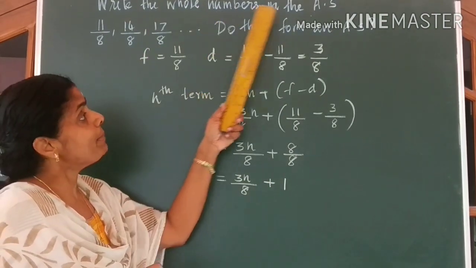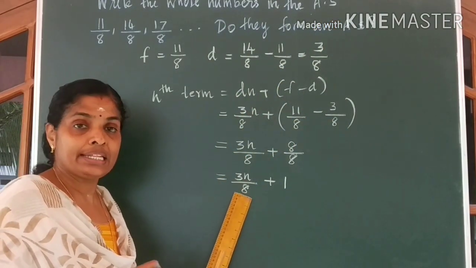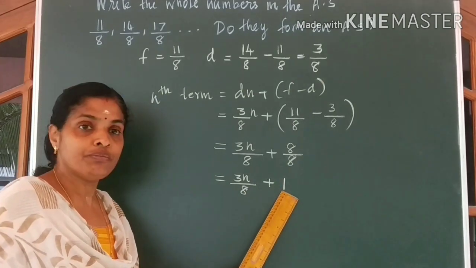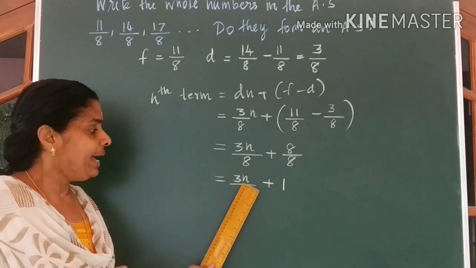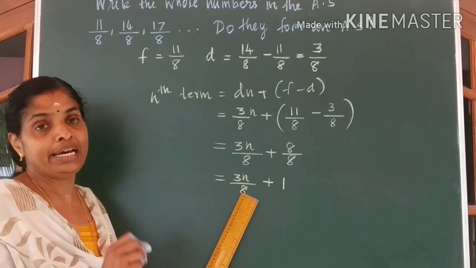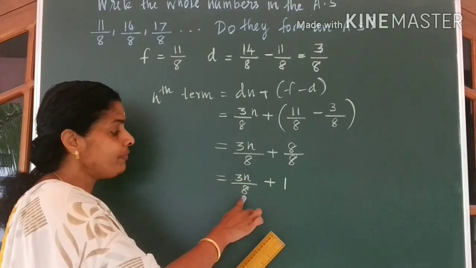Write the whole numbers in the arithmetic sequence. So first of all, we should write the whole numbers of this arithmetic sequence. Now we know 1 is a whole number and 3n by 8 becomes a whole number when n is given the multiples of 8.